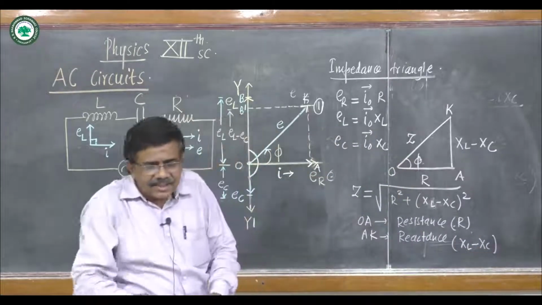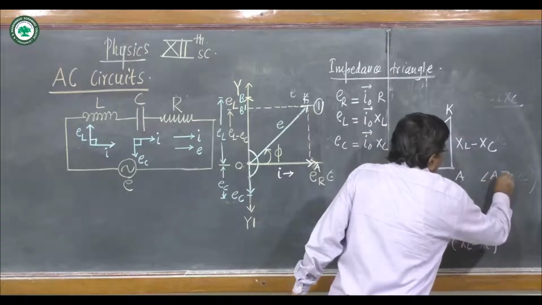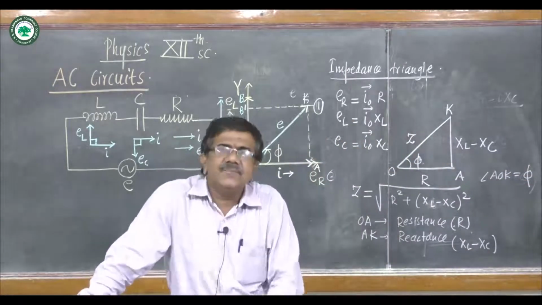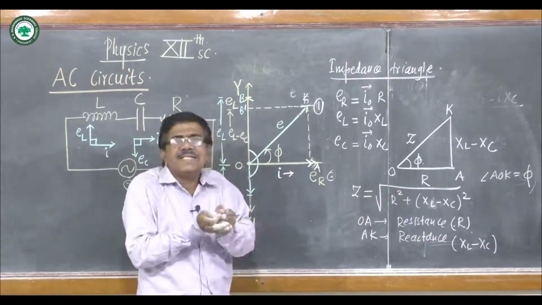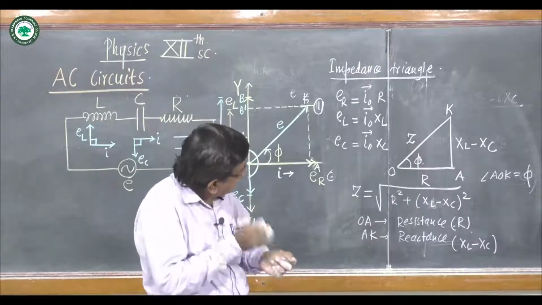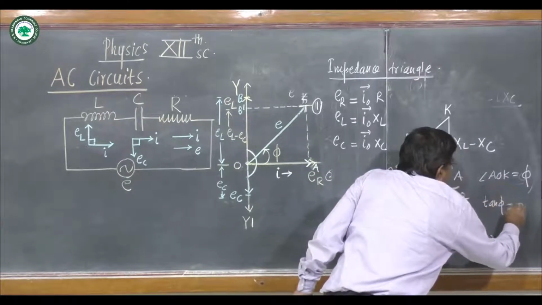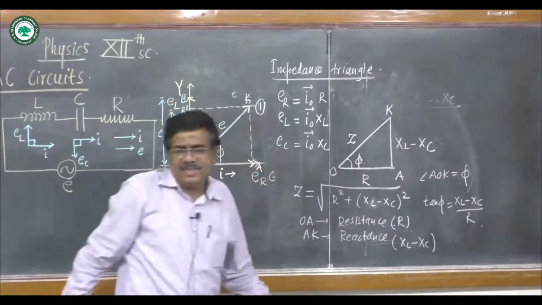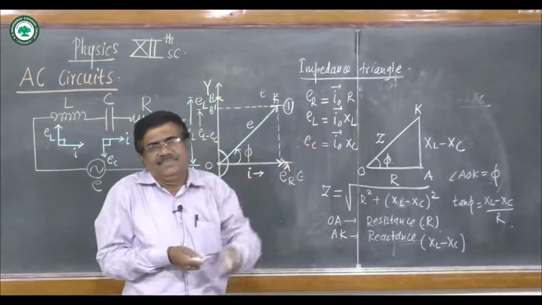Angle AOK is phi, the phase angle by which the voltage leads the current in the circuit, and tan phi is XL minus XC upon R. So this is about the impedance triangle.